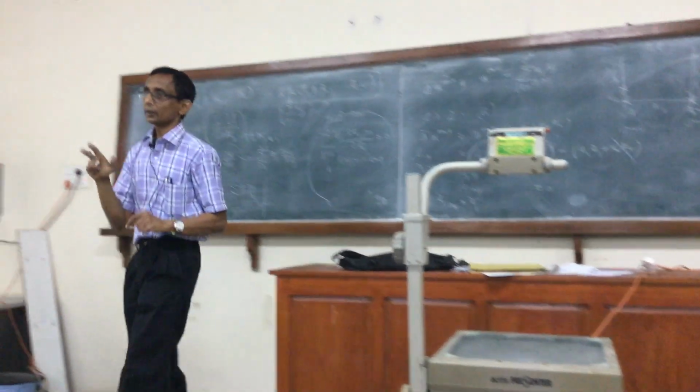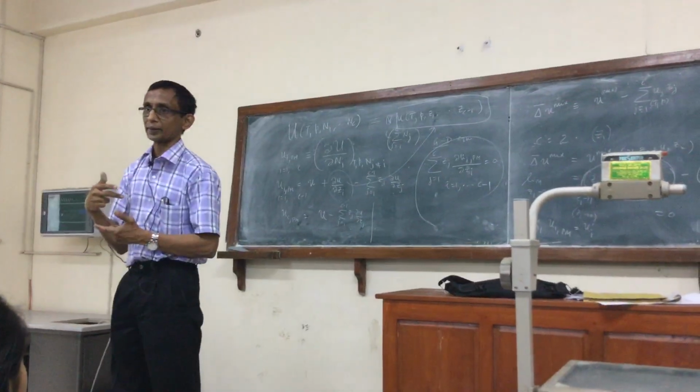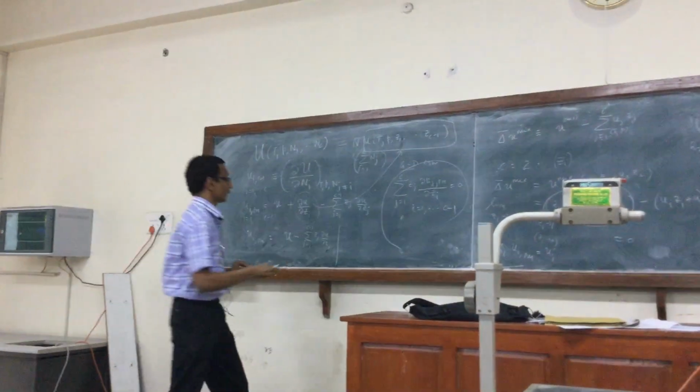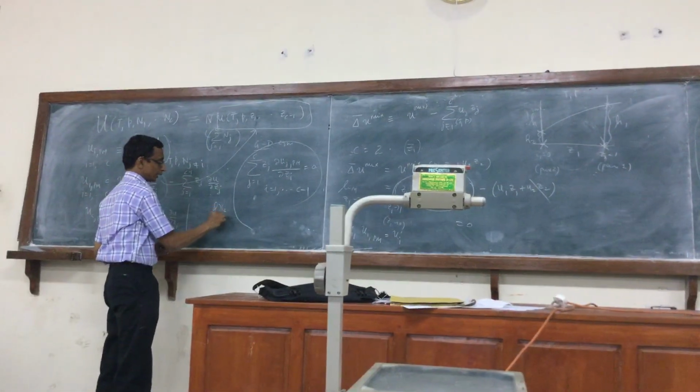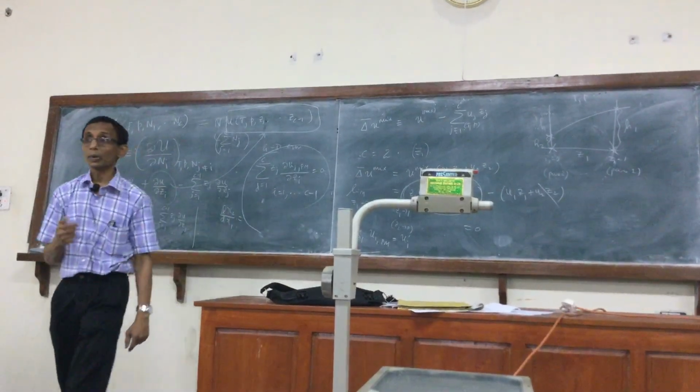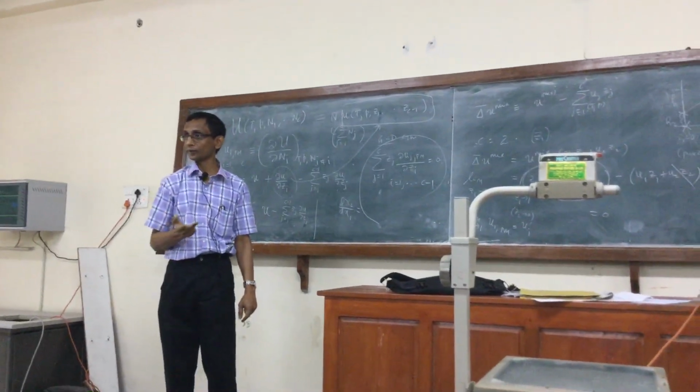But remember that whenever you are differentiating with respect to x1, remember to differentiate x2 also, and remember then that dx2 by dx1 is equal to what? Minus 1. You can do it that way also.